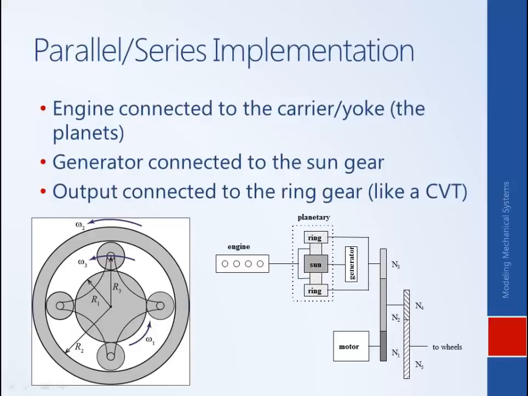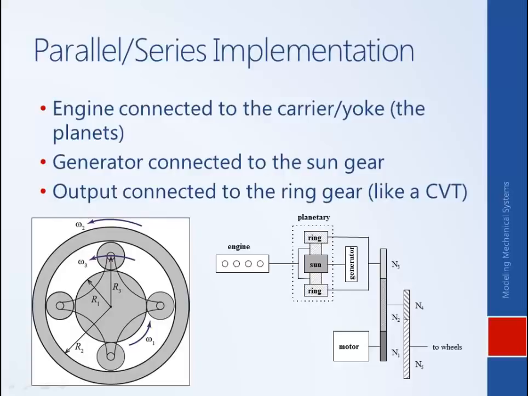So this overcomes one of the disadvantages of a parallel implementation, but it also overcomes the disadvantage of a series implementation. In a series implementation, you could operate the engine in its sweet spot, but in order to do that, the engine drove a generator, which then generated electricity to drive the electric motor.